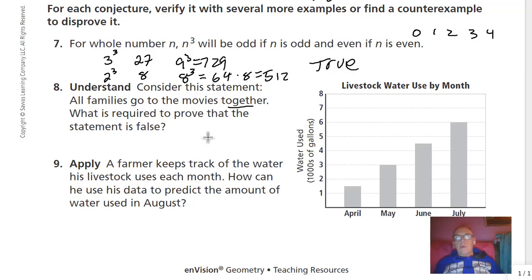The other one wants to go see maybe Beetlejuice. Those are two different movies. The family might go to the movies together, but does it count as being together if you go to separate movies? Somebody might go to Rockaway to go to IMAX, and they might go to Morristown to go to the movies there. So they may go to the movies the same day, but they don't necessarily have to go together. So all you have to do is find an instance where they go separate.